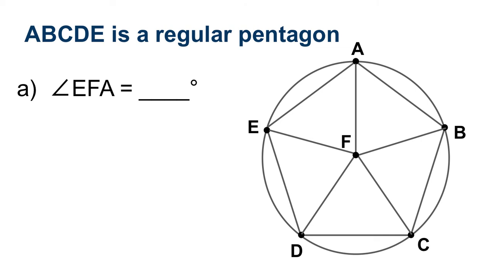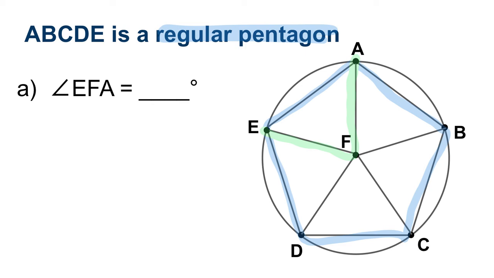Okay, so now we're going to do some practice problems where we're going to try and identify how big some angles and arcs are based on this picture. So one thing for you to note here is that we've got a regular pentagon. So A, B, C, D, E is a regular pentagon. If you think about that, then angle EFA that we're looking at here is going to be a central angle.